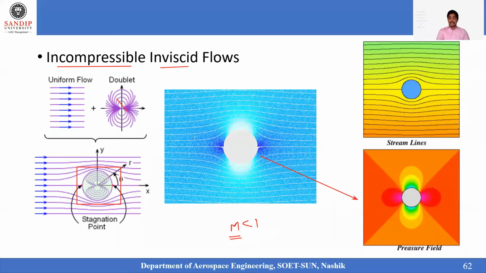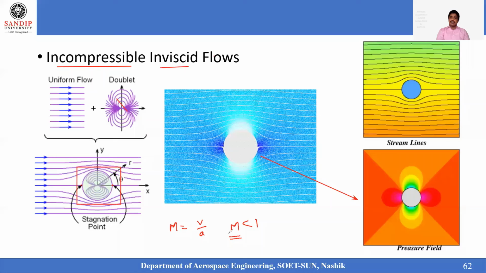So we say it is addressed with subsonic flows. Very well, that has been applied. But at the same time, the definition of the Mach number is given by V by A.